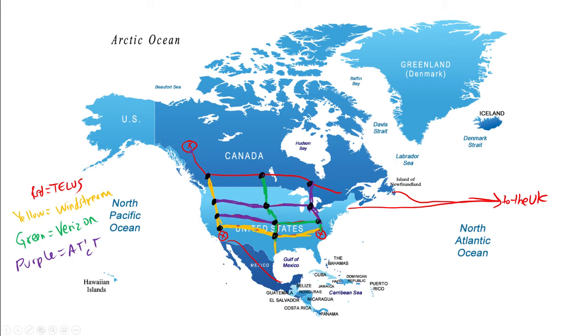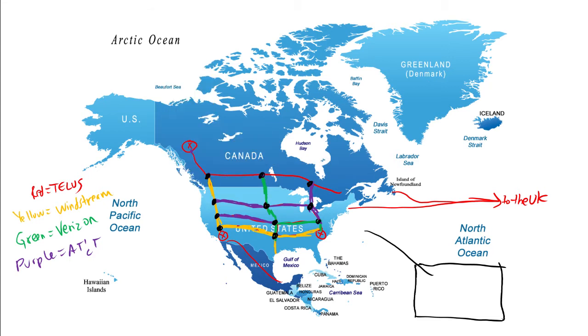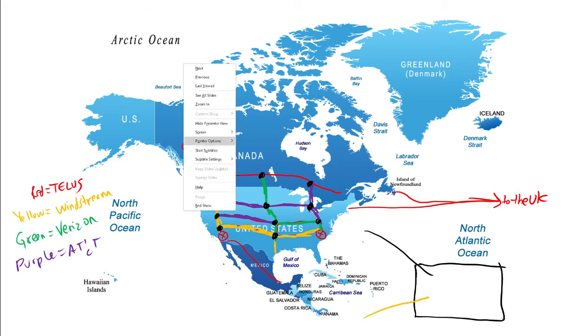So if I zoom in to one section, these are typically downtown, or they might be in random places, but what you'll get is a room where the fiber comes in, and fibers from multiple service providers.